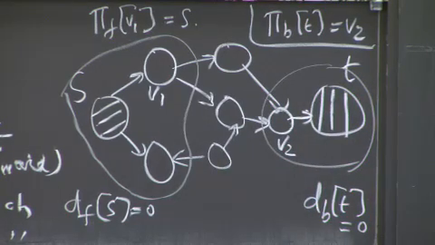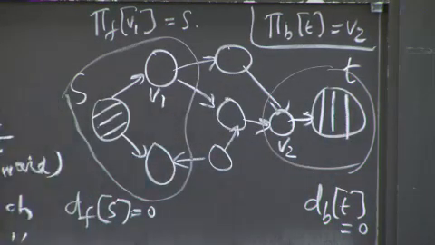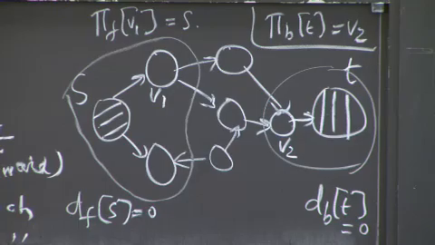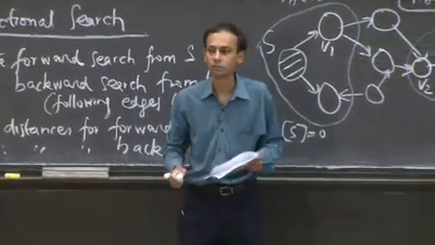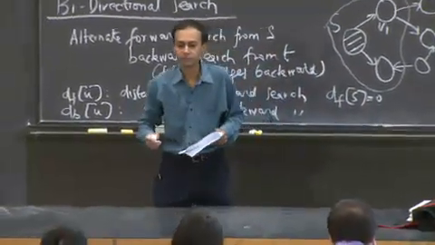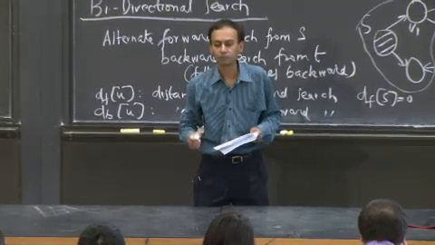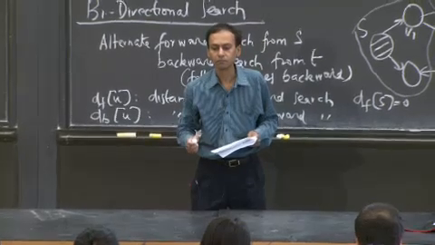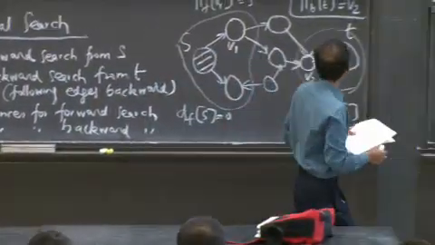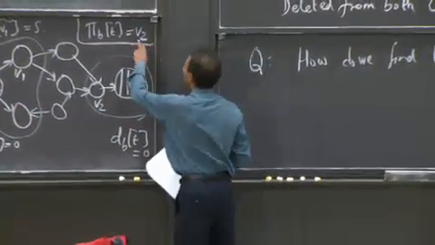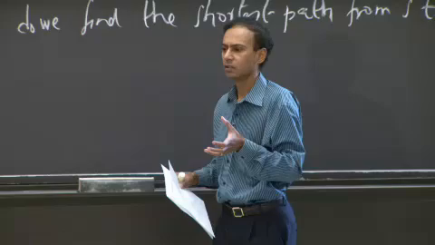Everybody buy that? All right. So how do I find the shortest path from S to T after these frontiers have met and I've terminated this search? How do I do that? Someone? Go ahead. Well, given that data structure, you start at your T, and you keep on going back to your current until you get to the point where they meet, and then you use the pi f to go from that node all the way back to S. So what I'm going to have to do is, but where do I switch is the question.